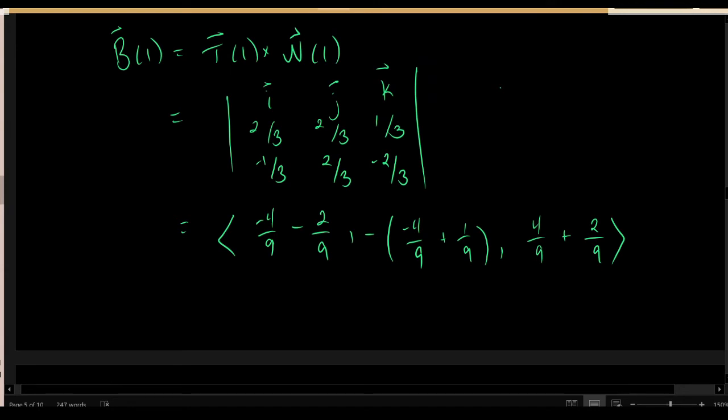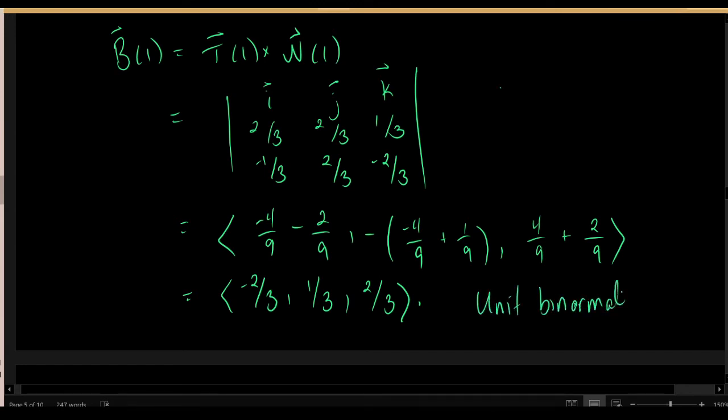So we get negative 6 over 9, which is negative 2/3. We get negative 3 over 9, which is negative 1/3, and then make the sign opposite. We get 6 over 9, which is positive 2/3. And there is our unit binormal, which is the last component that we needed for these calculations.